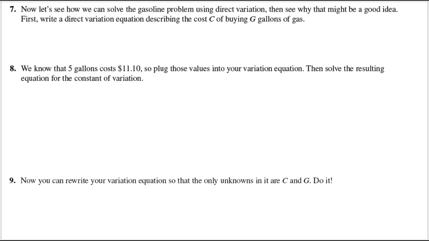To do this, we need a slope. You noticed before that our direct variation equations have a slope, but they don't have a y-intercept. Slope is also a unit rate, and in this case the unit rate is the price per gallon.